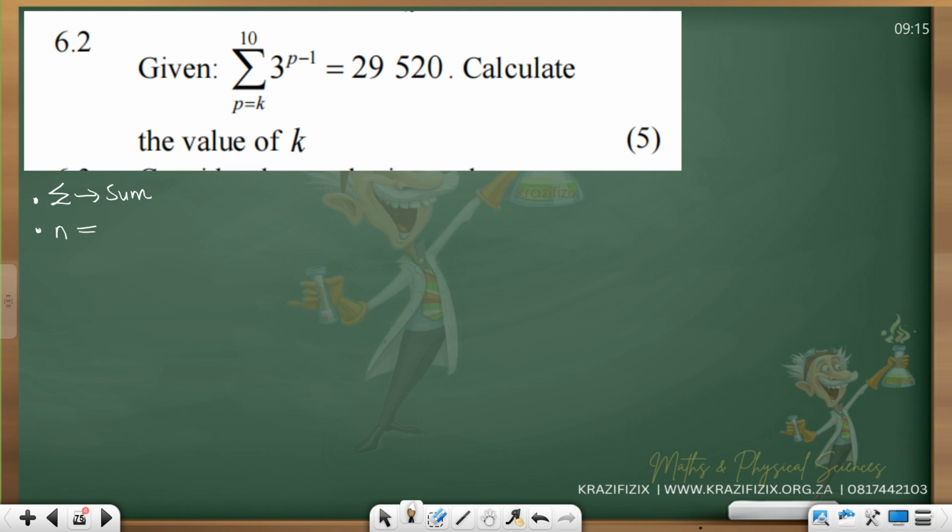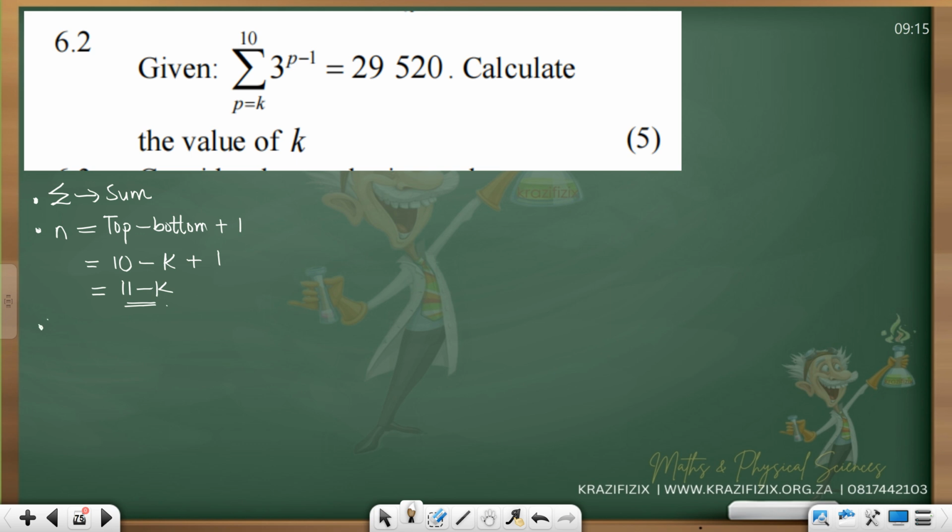How many terms are we adding? Follow the same principle. What is the number of terms? Top minus bottom plus 1. 10 minus k, right? Plus 1. So this is the number of terms.